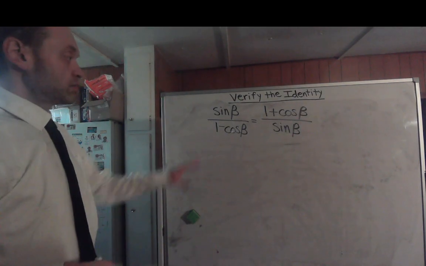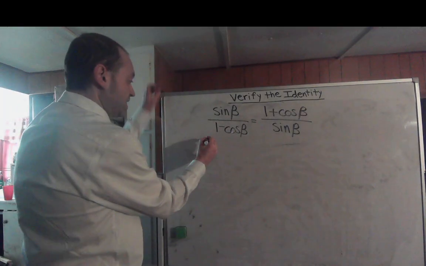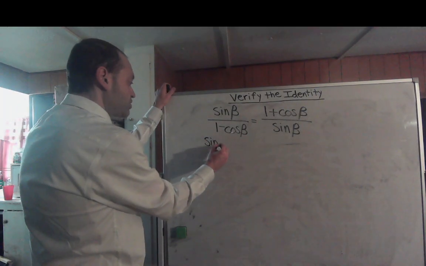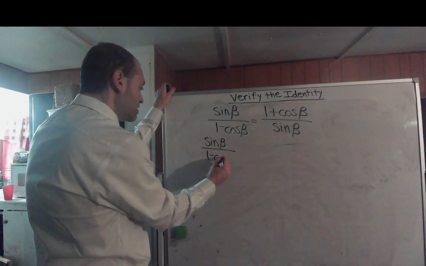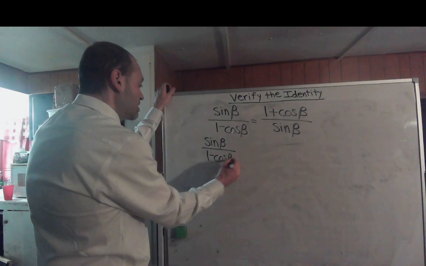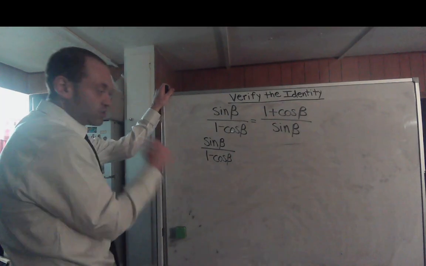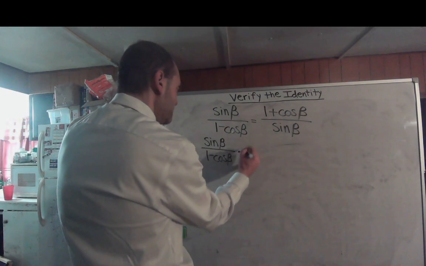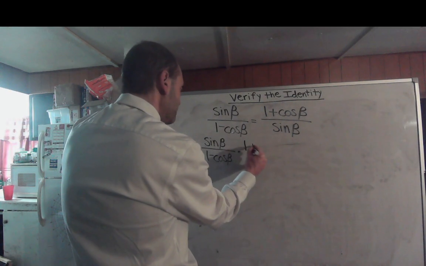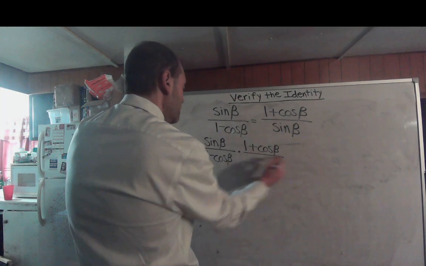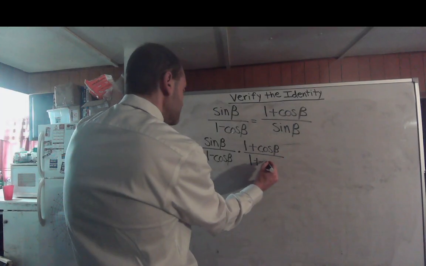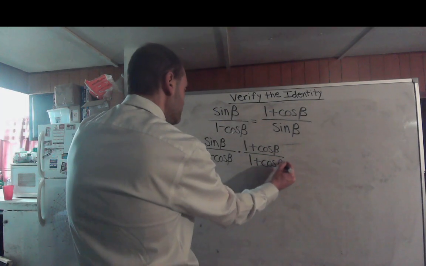So let's write out the left-hand side again. This is going to involve more rationalizing. So we're going to rationalize the denominator, so we'll take both numerator and denominator times 1 plus the cosine of beta all over 1 plus the cosine of beta.